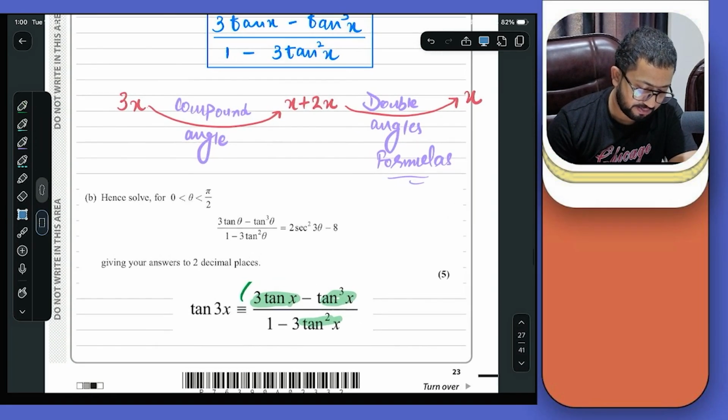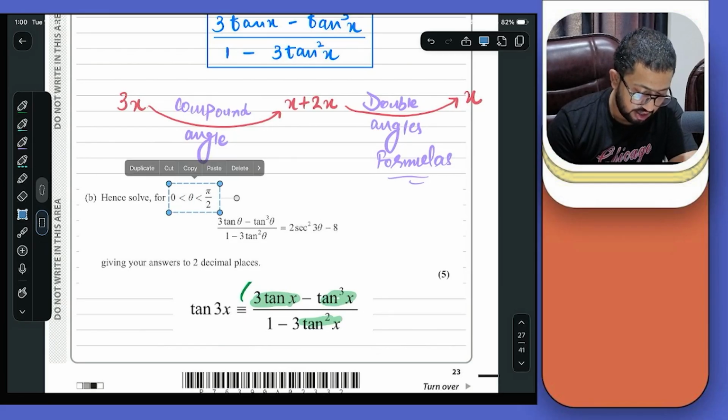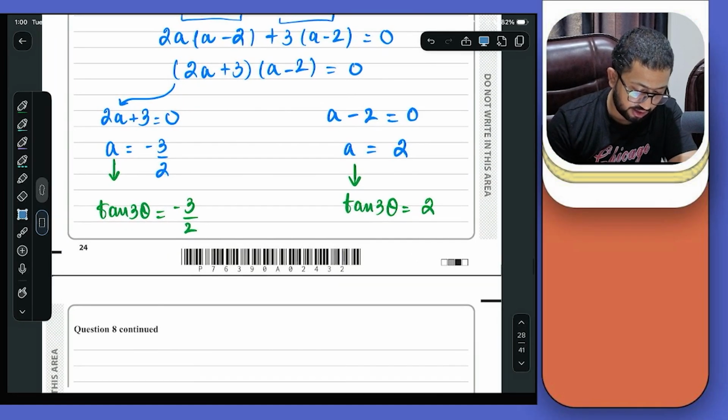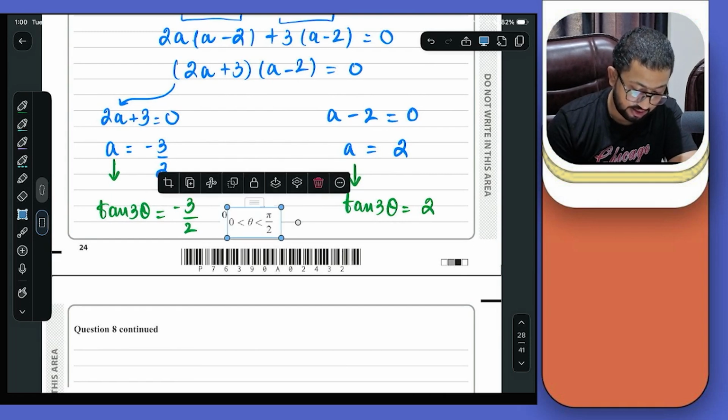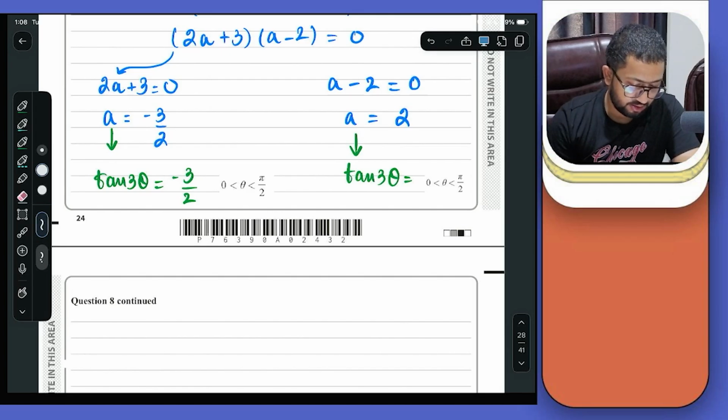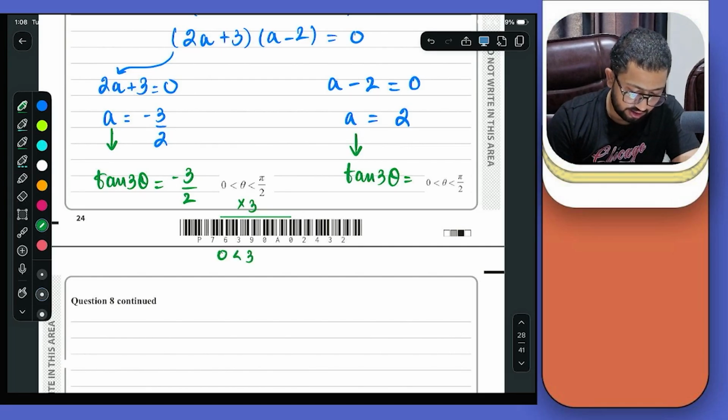So please pick up the range. Actually, our range is from 0 to pi by 2. Everyone knows I can take inverse. But now everyone knows that I can't take inverse because the range is not the same. So multiply with 3 and make the same range: 0 to 3 theta to 3 pi by 2.